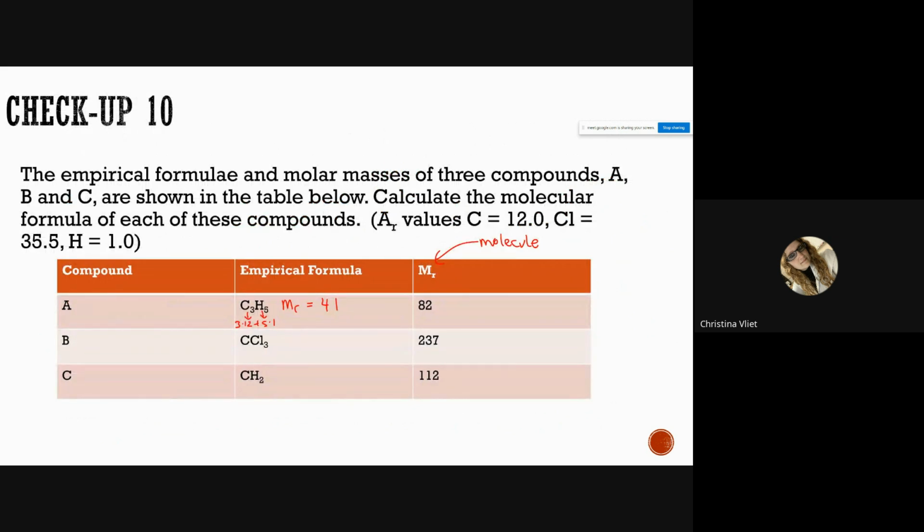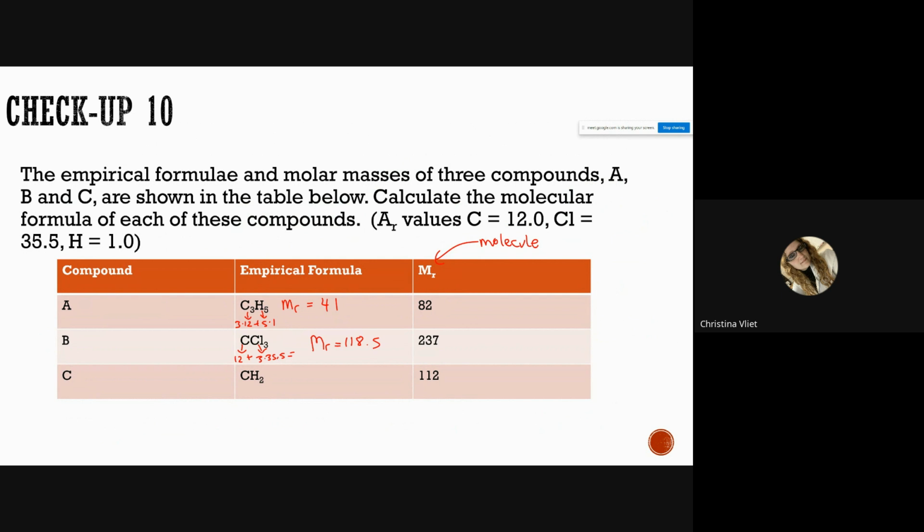Compound B. What's the molar mass of that empirical formula? 12 plus 3 times 35.5. And that's 118.5. Mr is 118.5. The molar mass of the entire molecule is 237.